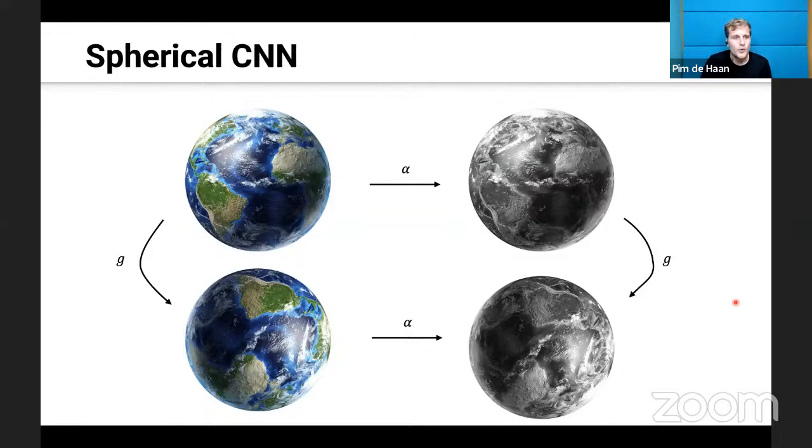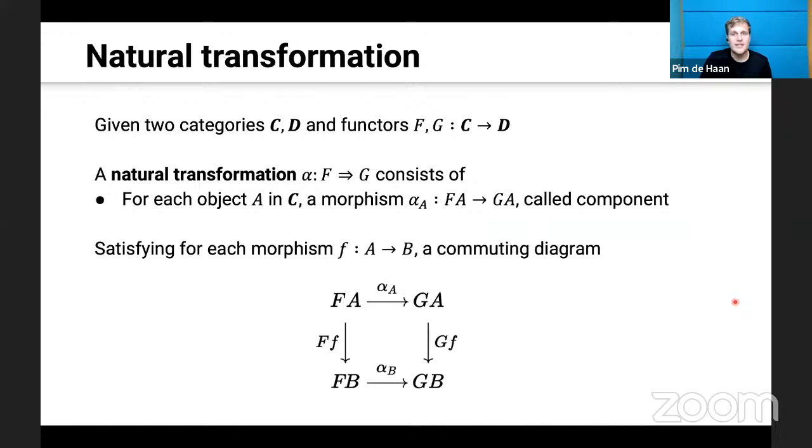So now let's come to the concept that we're all here for, namely natural transformations. The natural transformations are going to be the generalization of equivariance, but this holds now for any two categories and any two functors.